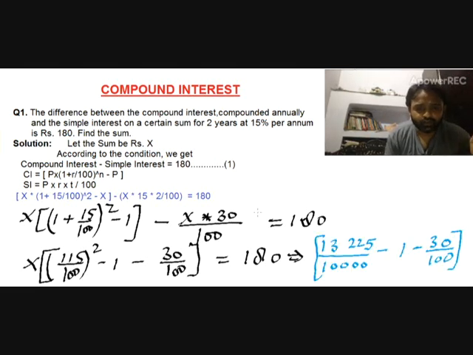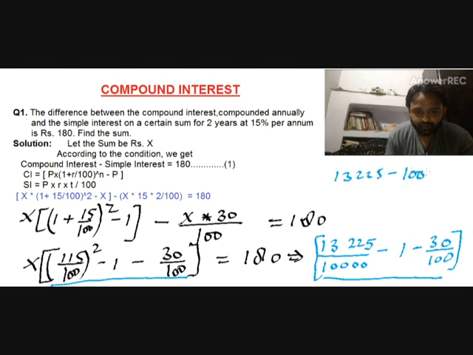So friends, I'm just going to simplify this part. If you simplify this part, which I'm putting a colored line below, you will get it this way here. Once more, if you simplify this entire part, it's going to be 13225.